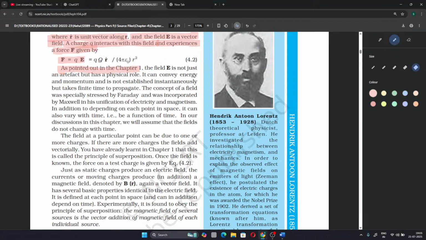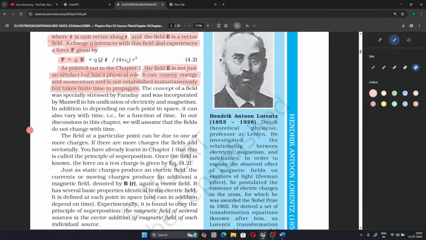As pointed out in chapter 1, the field is not just an artifact but has a physical role. It can convey energy and momentum and is not established instantaneously but takes finite time to propagate.